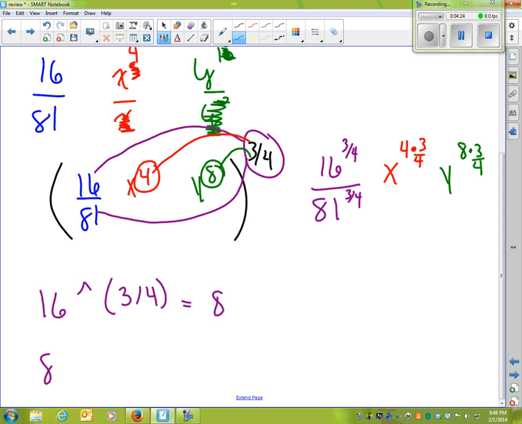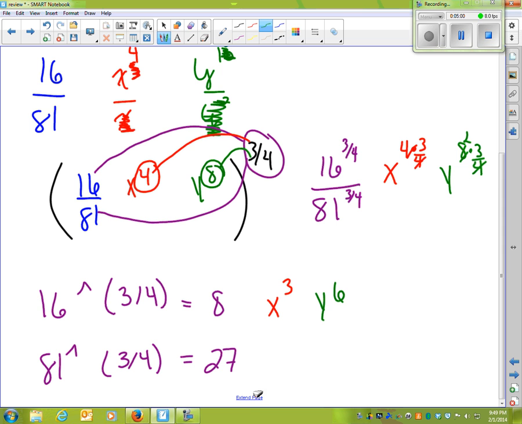I'm doing the same thing with 81, raised to the 3/4. Let's see, 4th root of 81 is 3, cubed is 27. All right, looking at our x, I have 4 times 3, which is 12, divided by 4, leaves me with x cubed. Looking at my y's, 8 times 3 is 24, divided by 4 is 6.